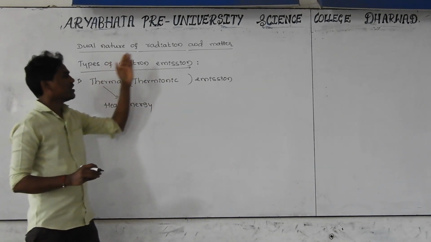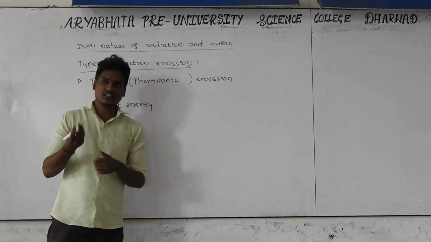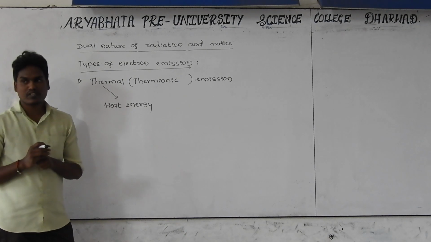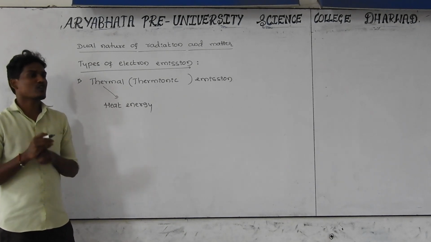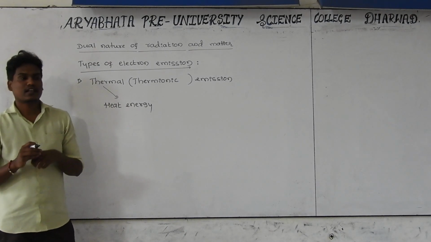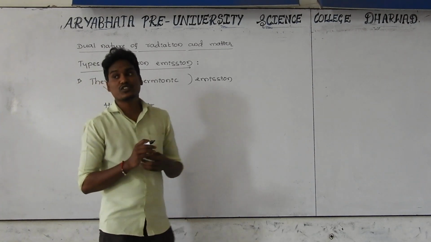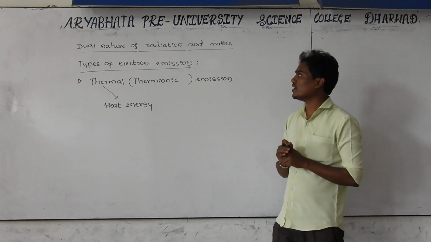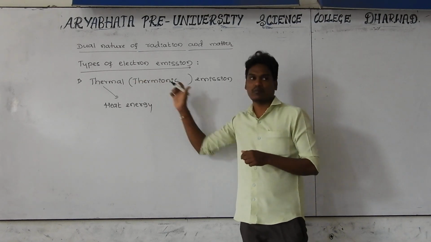Thermal emission means by using the heat energy, we are going to emit the electron from the surface of the metal. That process of the emission of the electron from the surface of the metal by using thermal energy or heat energy, we are going to call it thermal emission.